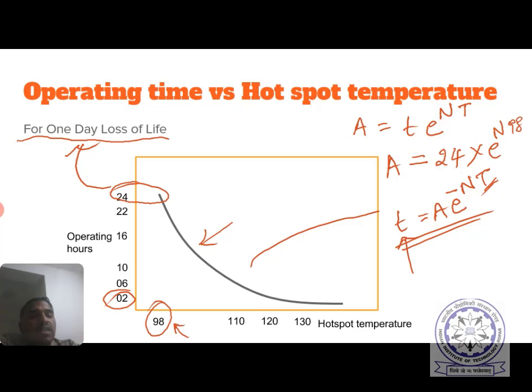That's how this characteristic is obtained. You can see it for higher temperatures, 130, 140 degrees centigrade. A 2 hour operation is enough for a transformer to lose 1 day of life, compared to normal temperature, that is 98 degrees centigrade.